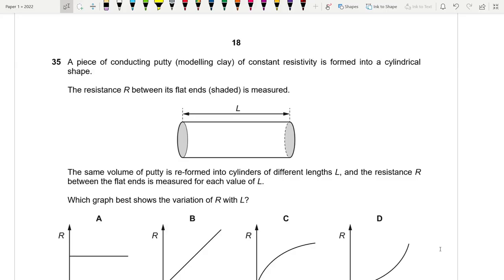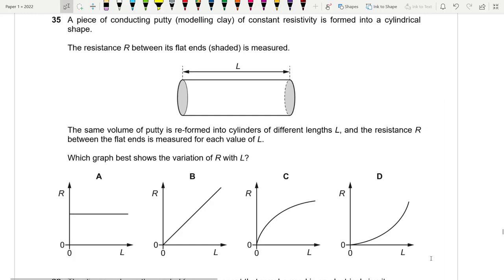The resistance R between its flat ends is measured. The same volume of putty is reformed into cylinders of different lengths L, and the resistance R between the flat ends is measured for each value of L. Which graph shows the variation of R with L?